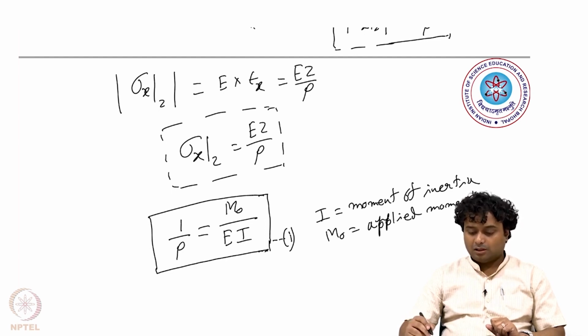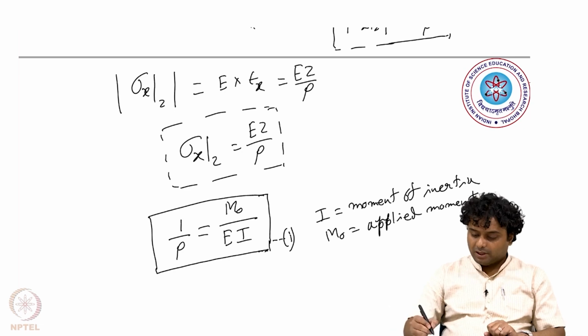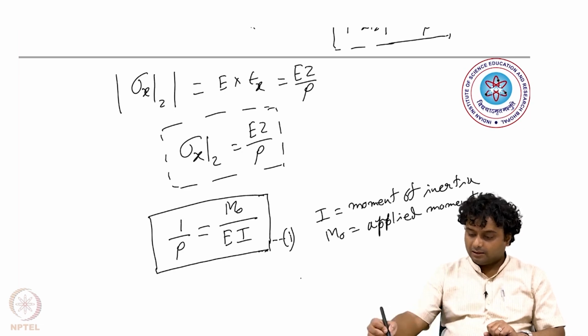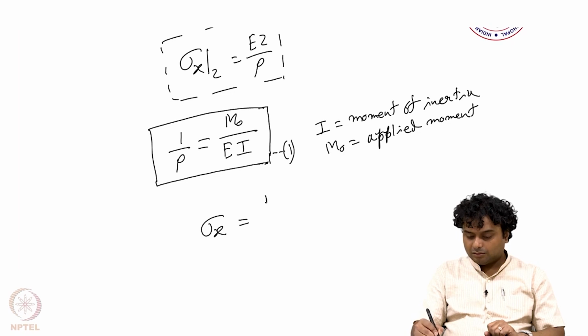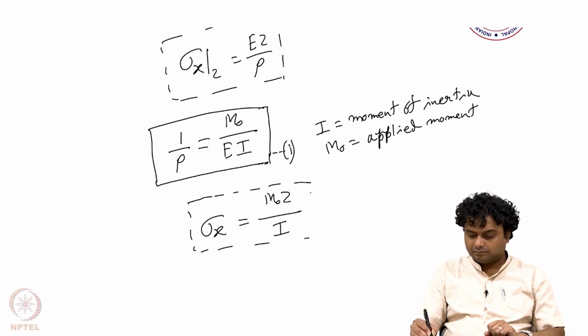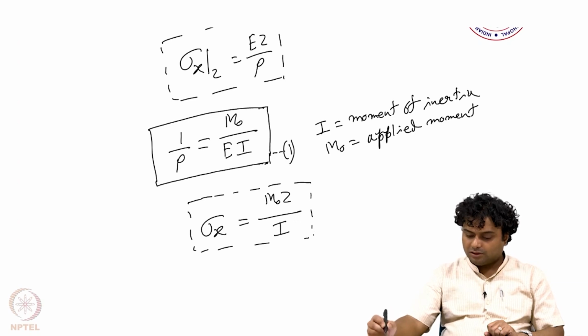And then we also got that 1 by rho is equal to M by EI, where M is the moment, E is the Young's modulus and I is the moment of inertia. If we combine these two, then we get that sigma x equals M0 z by I.